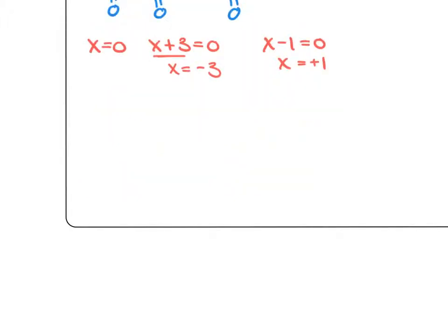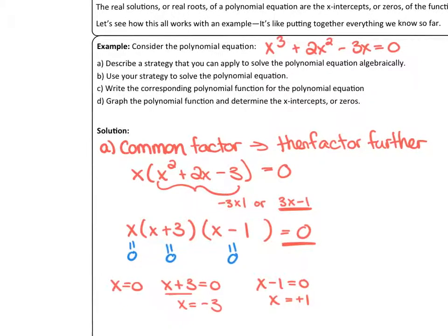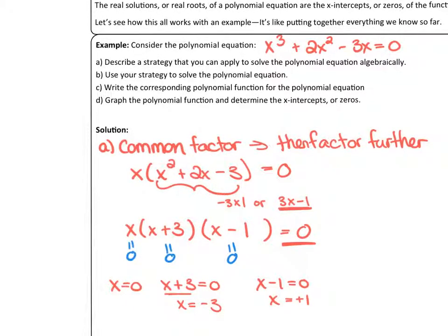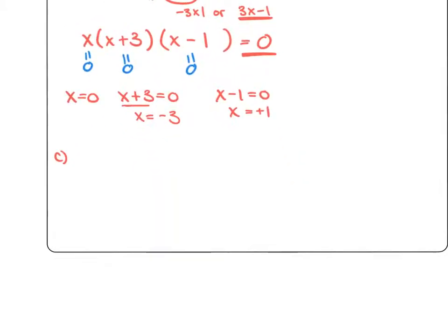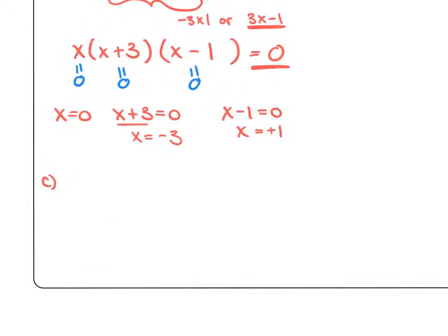Okay, so that is part B. Part C asks us to write the corresponding polynomial function for the polynomial equation. Now, if you want to write it in function form, that's writing it with the f of x.